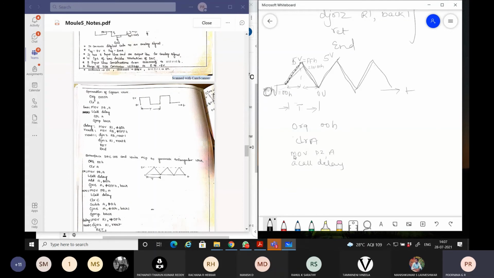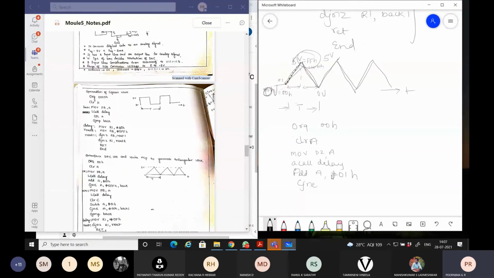A call delay. Then next value supposed to be given as 01. So therefore add A comma hash 01H. Once it is given, again that value has to go to port 2. Until when you have to give? Until FF.